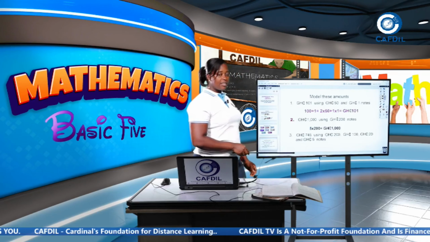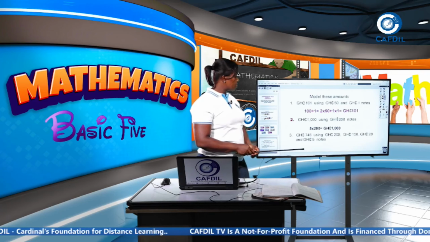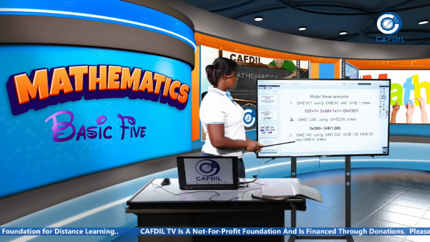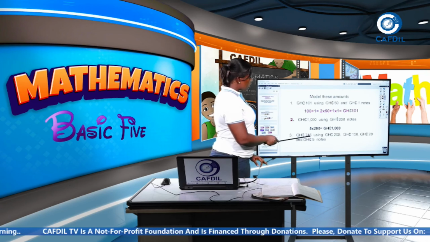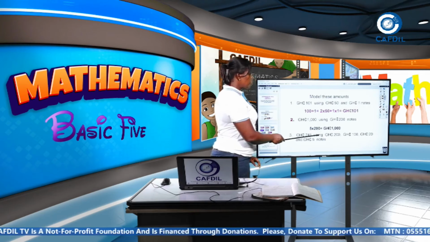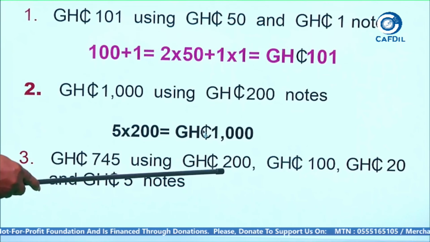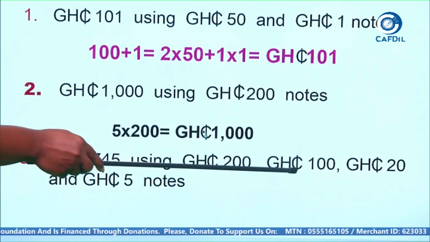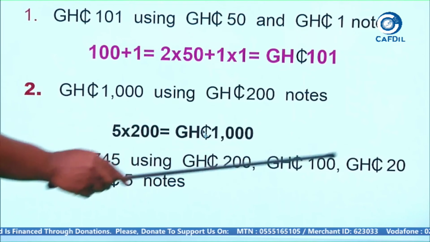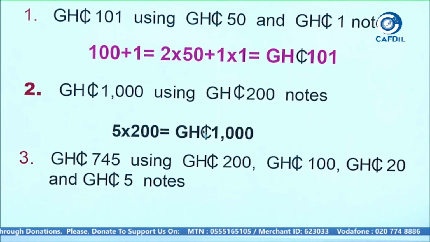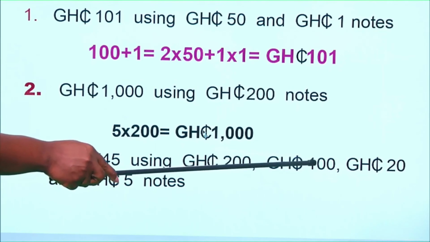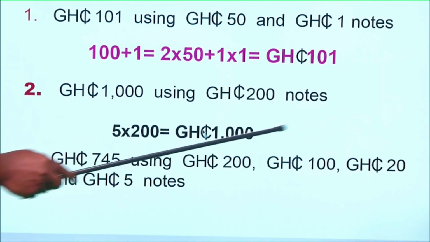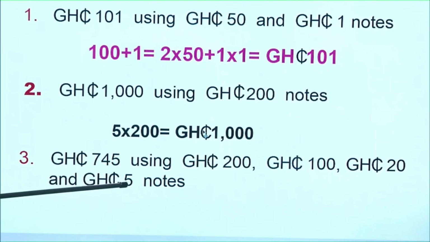Now let's move to the third one. We are modeling 745 Ghana cedis using 200 cedis notes, 100 cedis notes, 20 cedis notes, and 5 Ghana cedis notes.